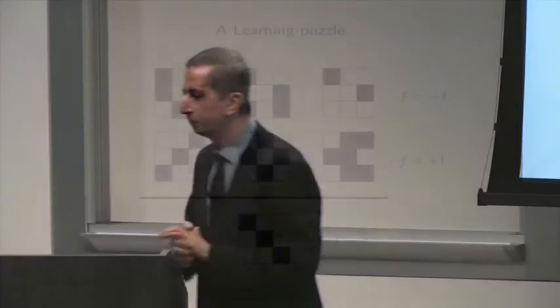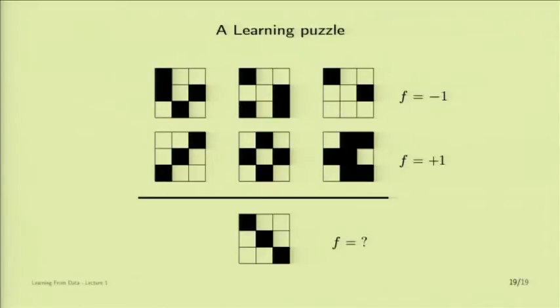For example, if you take the function to be +1 if the top left square is white, then this should be -1, right?